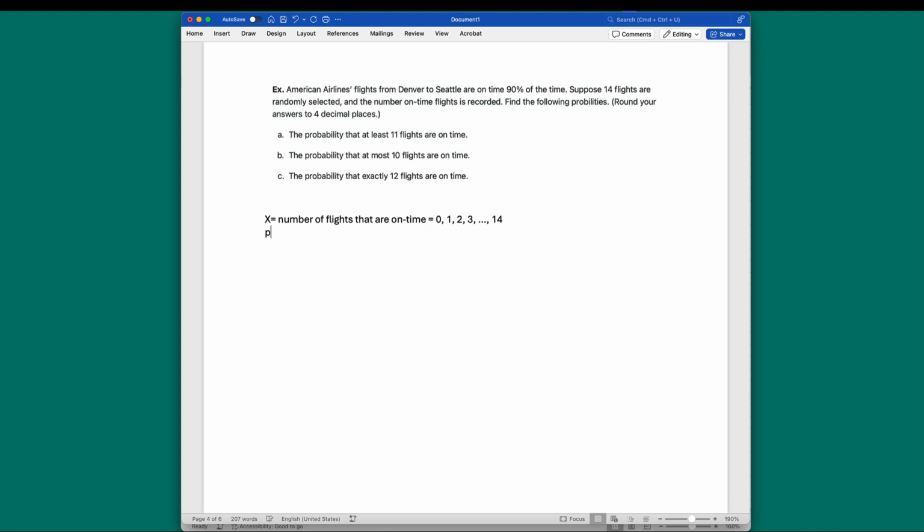So P here, or little p, is the probability of success. In the context of the problem, P is the probability of success that a single flight is on time.